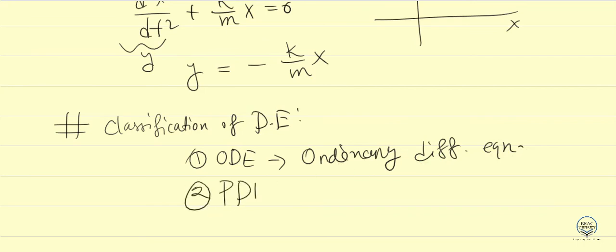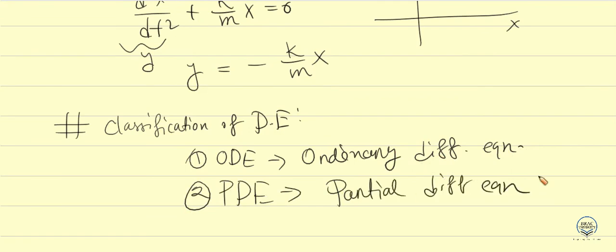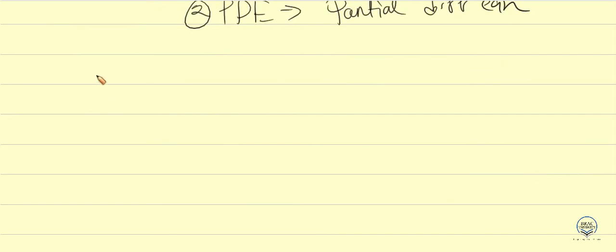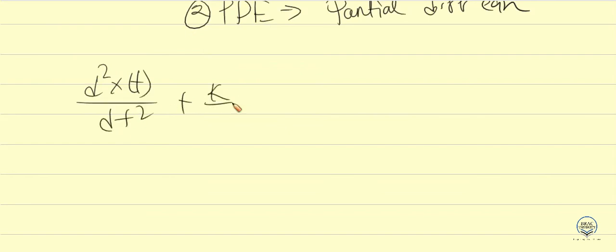And the other one is called the partial differential equation. An ordinary differential equation comes from a single variable function. The harmonic oscillator that you saw earlier is an example of an ODE. That means the solution depends on only one variable.